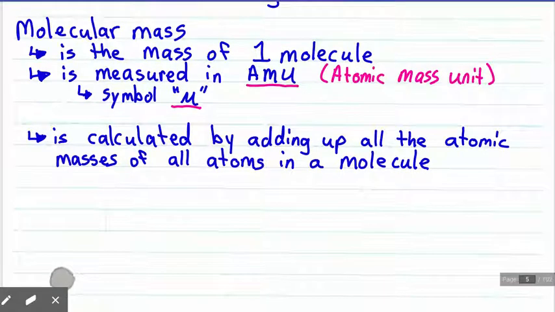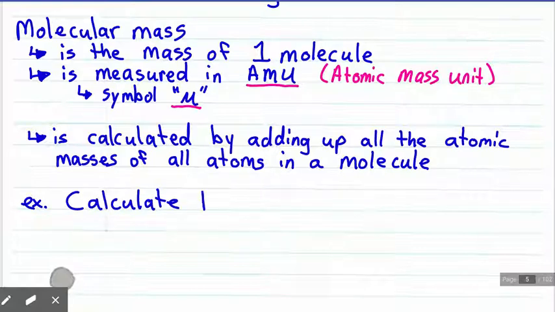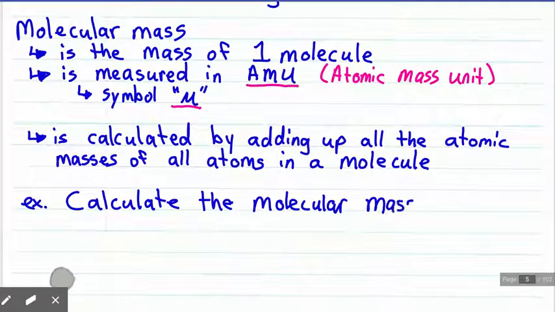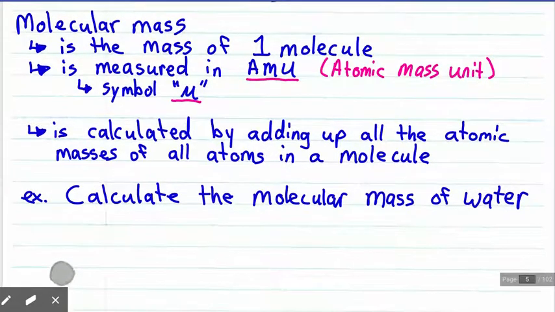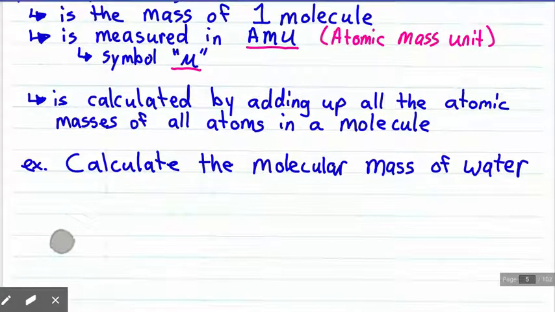All right, so we're going to do an example where we are going to calculate the molecular mass of water. Super easy. So calculating the molecular mass of water, what we have to do is go to our periodic table and get the atomic mass of hydrogen and the atomic mass of oxygen.